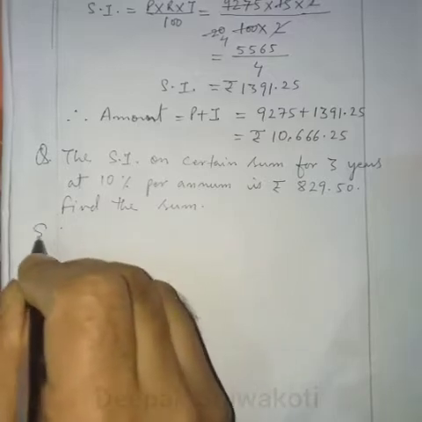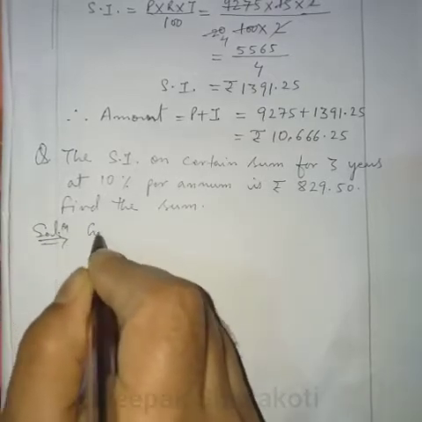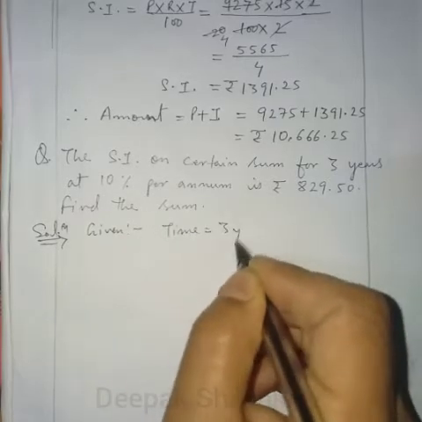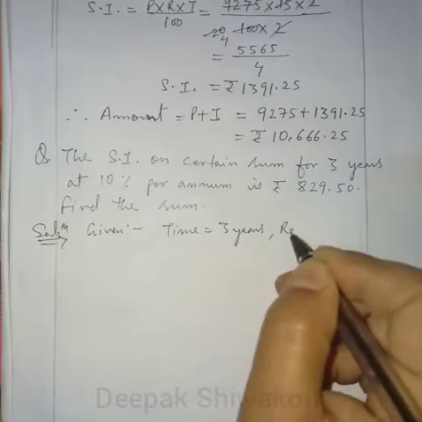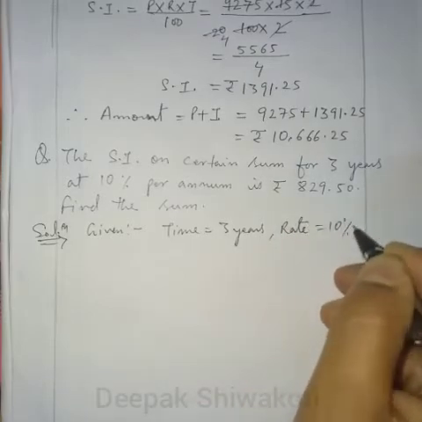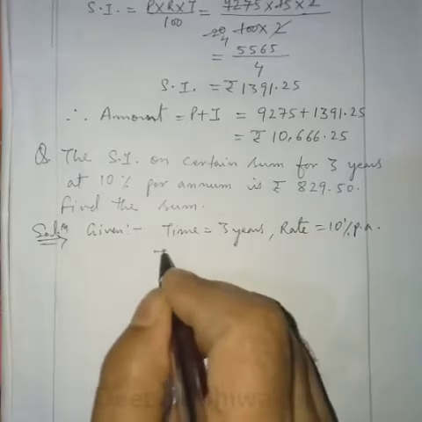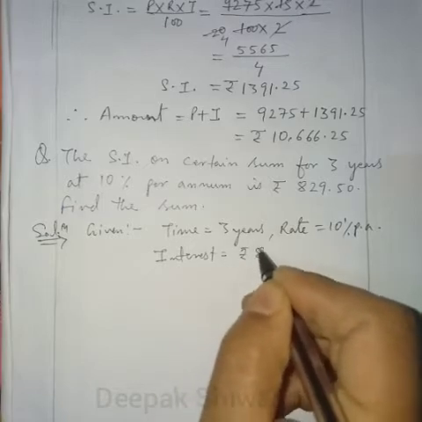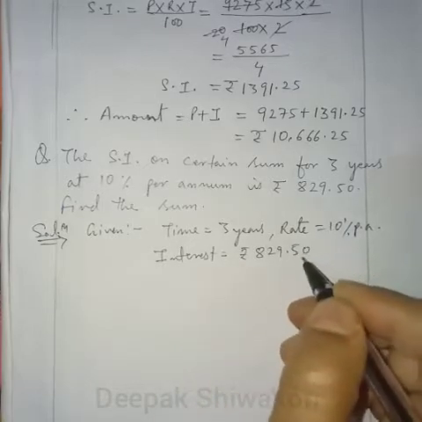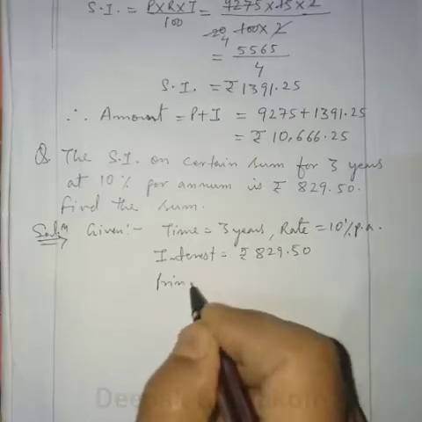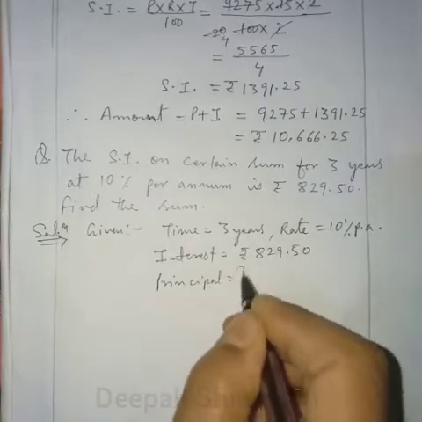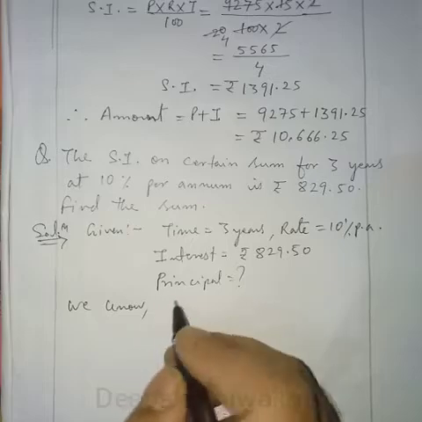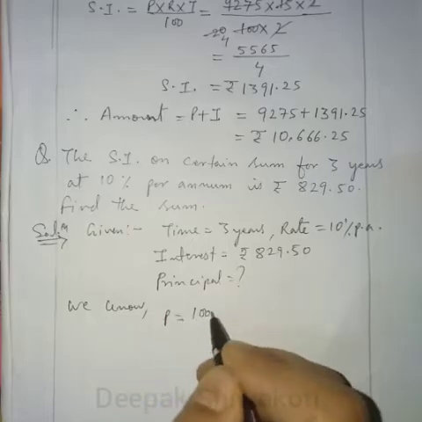So here given: time is 3 years, rate is 10% per annum, interest is equal to rupees 829.50, and principal we have to find.